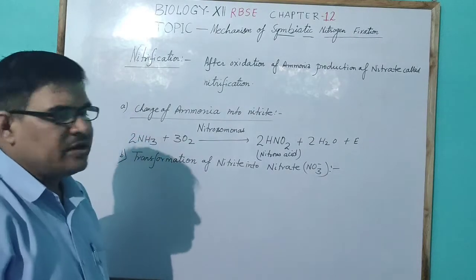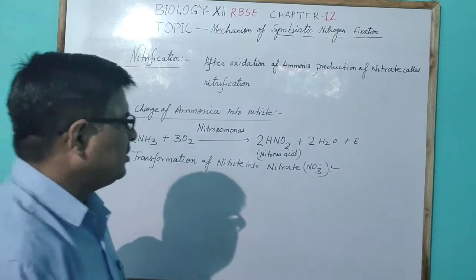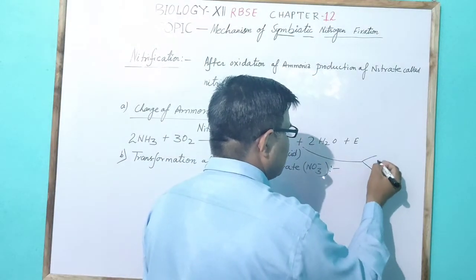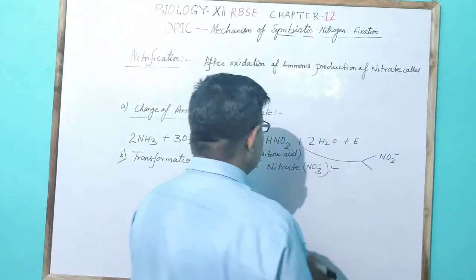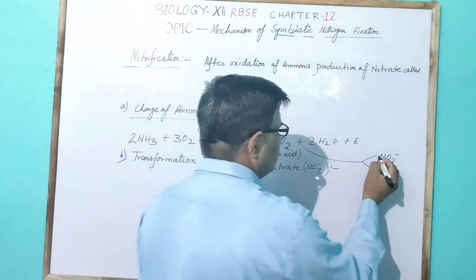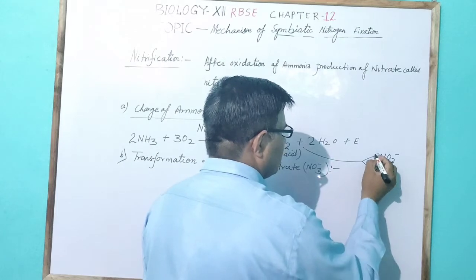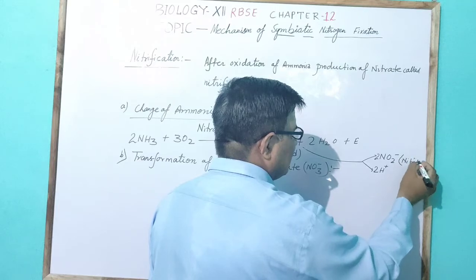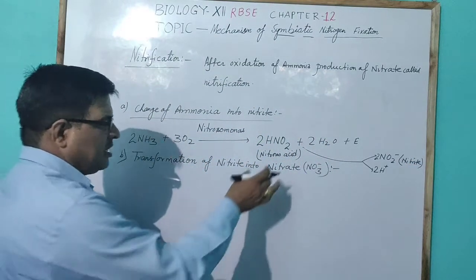How is nitrite produced? When such nitrous acid reaches the soil, it produces the nitrite and also produces 2H positive, meaning protons. So this is the nitrite after dissolving such a compound.